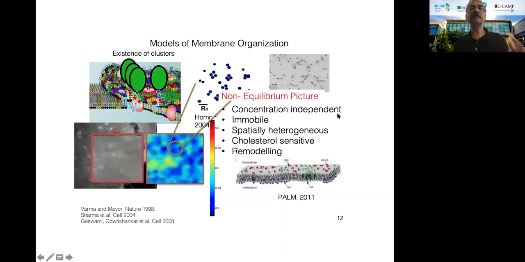That is, if you had molecules partitioning into a pre-existing phase, the partitioning would be based on the fraction that was present in and outside. That would be proportional to the concentration, and that was obviously not happening. The clusters themselves turned out to be immobile, spatially heterogeneous, as you can see here, and exquisitely sensitive to the presence of cholesterol in the membrane. And they were continuously remodeling.